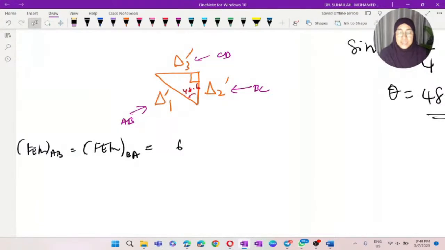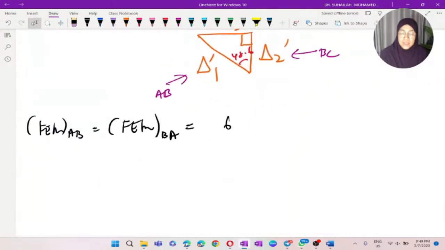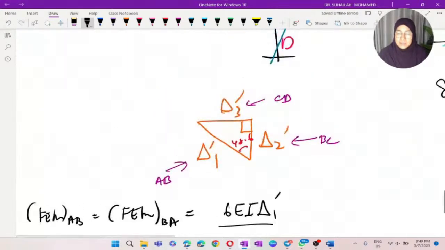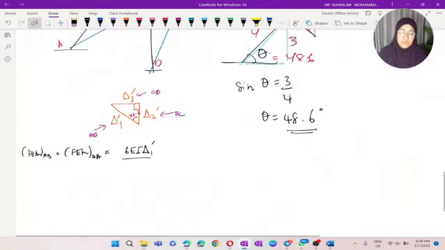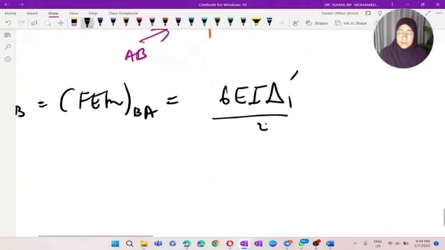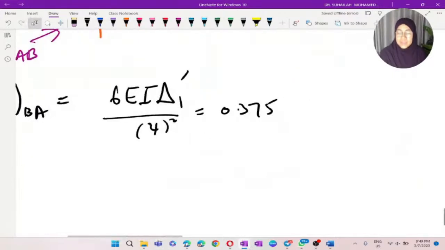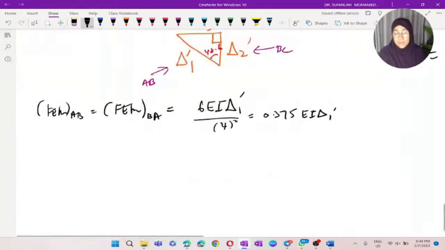Okay, it is 6 EI delta 1 prime over L, which is 4 squared. So this one is equal to 6 divided by 4 squared, 0.375. This is in terms of EI delta 1 prime.